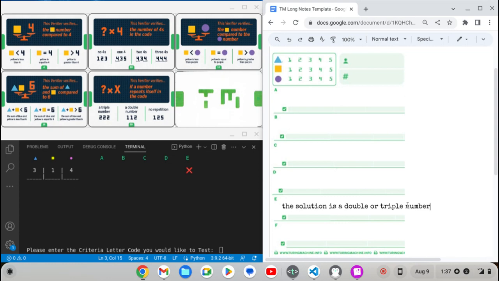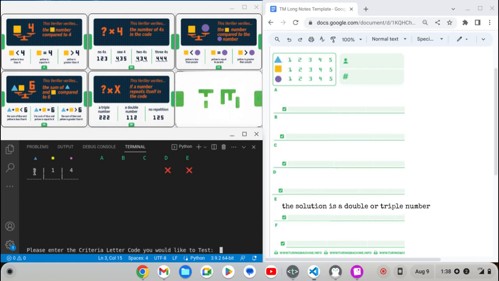Next thing I'd like to test is criteria card D. I want to know something about triangle and square. So let's go ahead and again test D. Okay, so again the Turing Machine does not approve of my proposal.